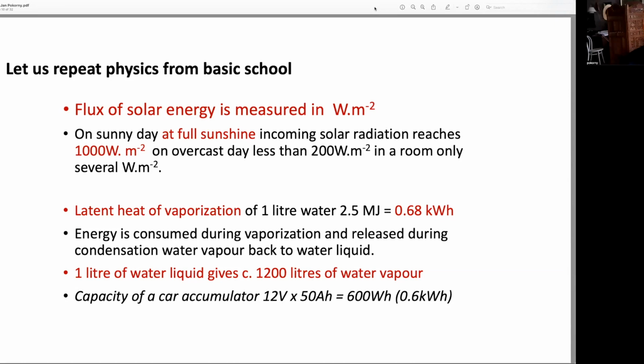We have to add that to 1 liter of water, and then we have water vapor. Please mind that from 1 liter of liquid water, we have 1,200 liters of water vapor. It's Avogadro's law. So each evaporated liter of water has a volume of water vapor of 1,200 liters. And we compare it to the capacity of a car accumulator, which is 0.6 kilowatt hours. So what is happening around us is a huge transfer of solar energy.